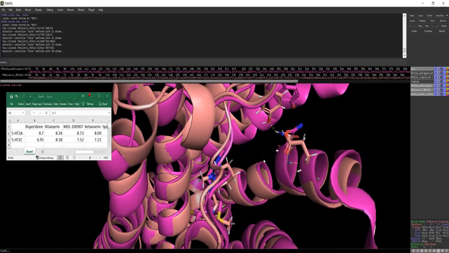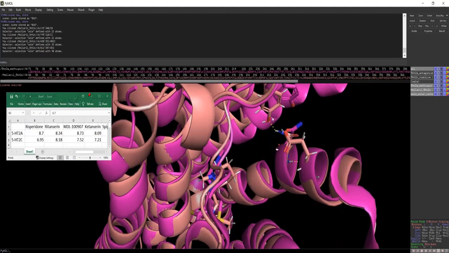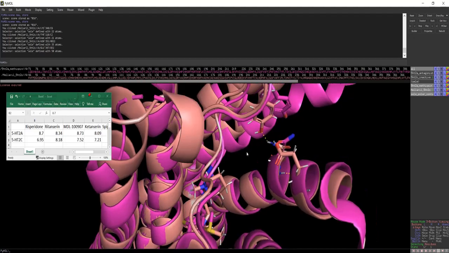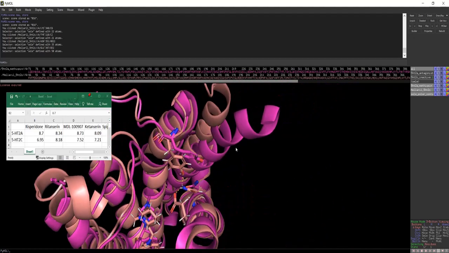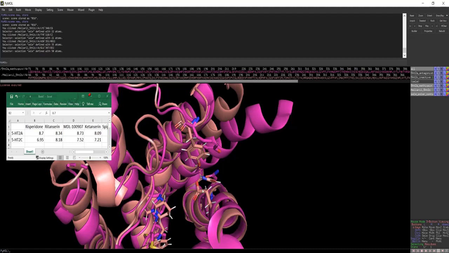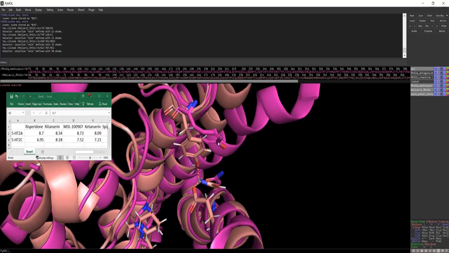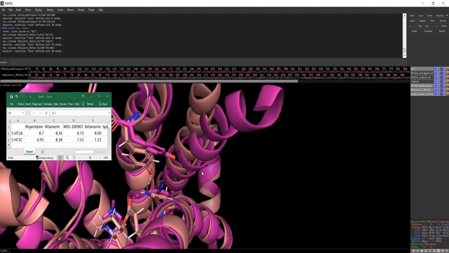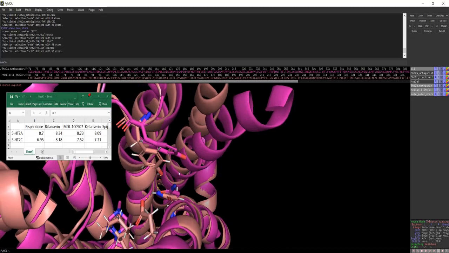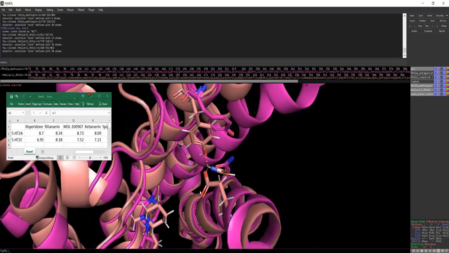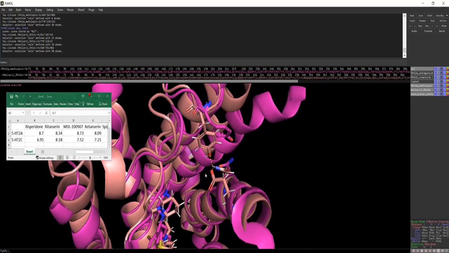You can see glutamic acid, asparagine, and tyrosine are part of it. Whereas because this glutamic acid is no longer here, the tyrosine and asparagine instead shift back to here and form their own interaction further back. What this basically means is that this pocket between helix 3 and 7 is closed off in 5-HT2C, whereas it's somewhat open in 5-HT2A.